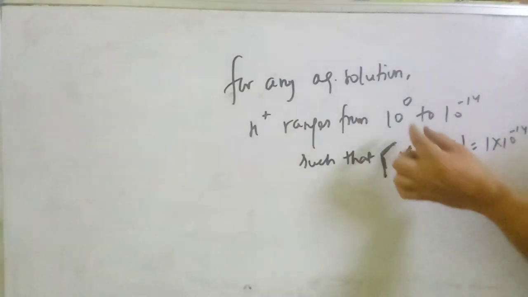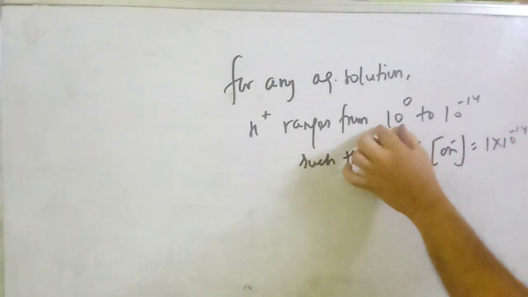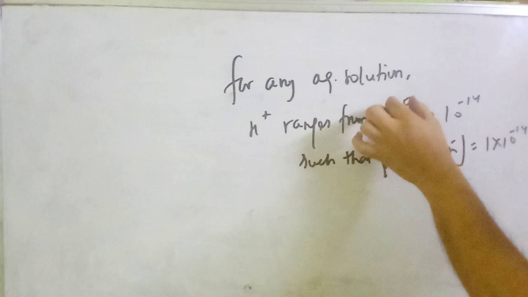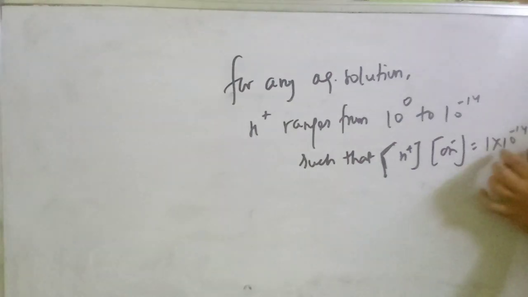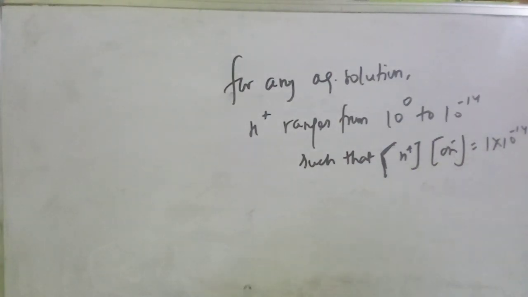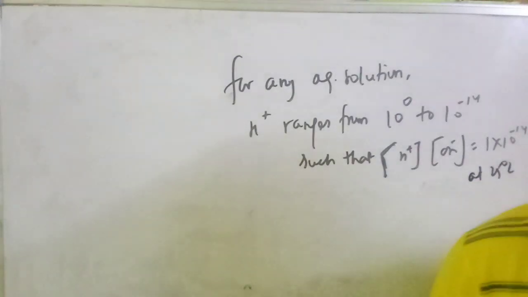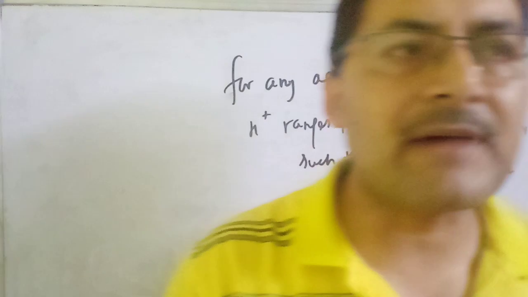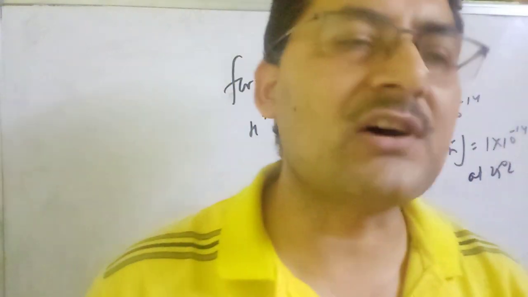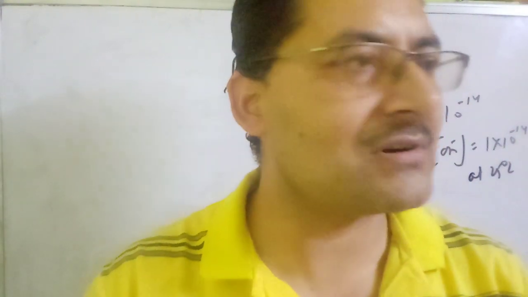So if H plus is 10 to the power minus 1, then hydroxide must be 10 to the power minus 13, so that the product equals 1 into 10 to the power minus 14 at 25 degrees centigrade. So students, what you must know here is that for any aqueous solution, the product of H plus and hydroxide ion concentration always remains constant at a particular temperature.